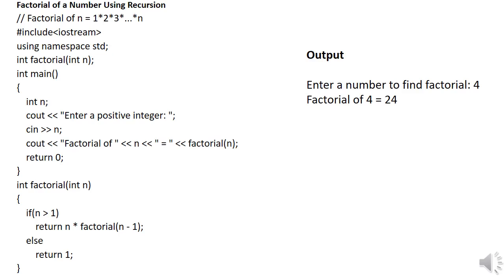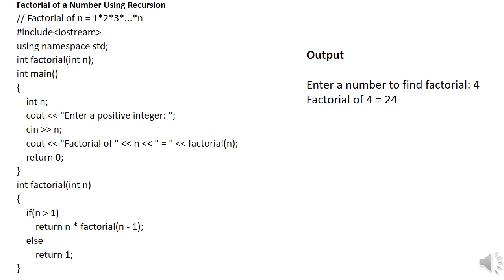For example, suppose I am taking an input value of 4. Then that value 4 is assigned to variable n in the main function. Then I call the function factorial by passing the value 4. So factorial of 4 will be called, and the control goes to the function definition. Then it will check if 4 is greater than 1. In that case the condition is true.